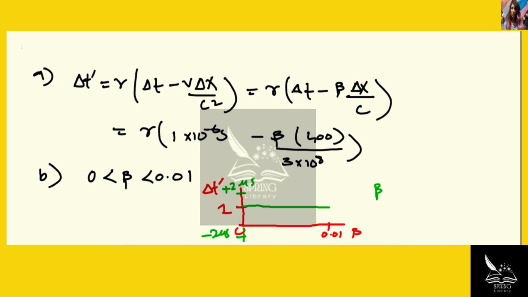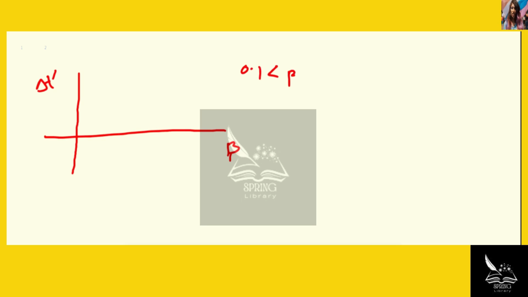When we plot Δt' again, let's say here is our beta, and here is our Δt'. For beta greater than 0.1 and less than 1, we see from 0, let me use another color, from below 1 it will cross here, and then it will flatten down.